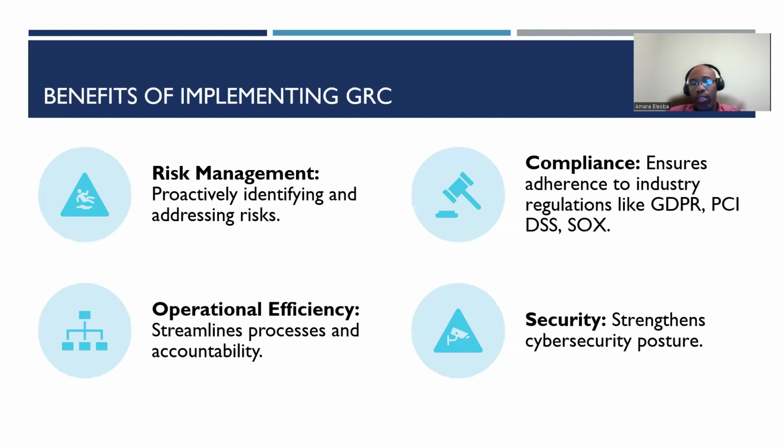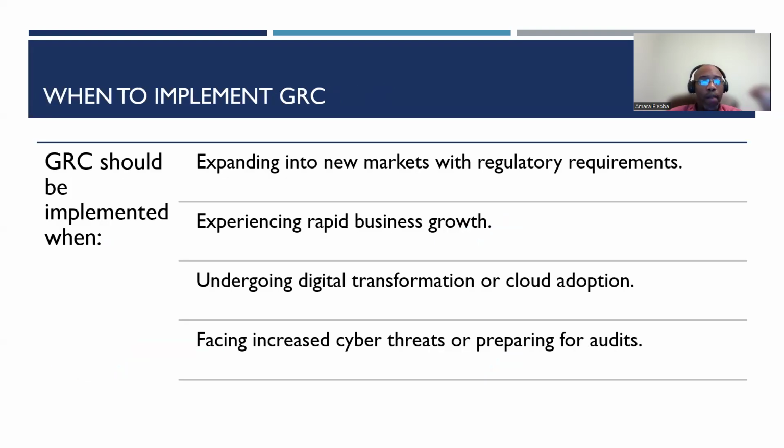Within that access control, you can implement things under PCI DSS requirement 7, and that will address a lot of access issues. So that will strengthen the organization's cybersecurity posture, especially for systems that are used for collecting card payments.